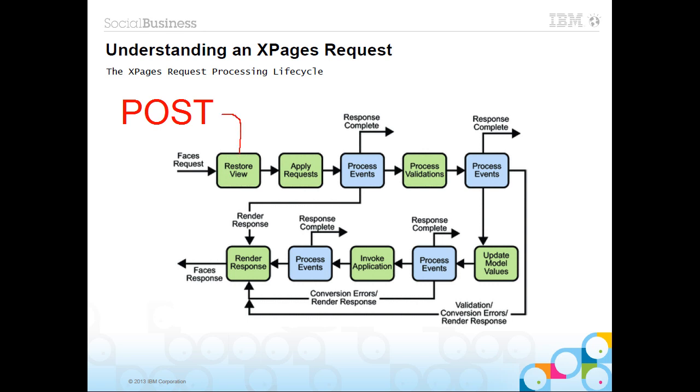So the request came into the restore view phase, the component tree was restored, apply request values extracted the incoming submitted values, including the name of Samantha Darn, and subsequently moved into the process validations phase. In this case, the required validators did not fail because both fields had their corresponding values.